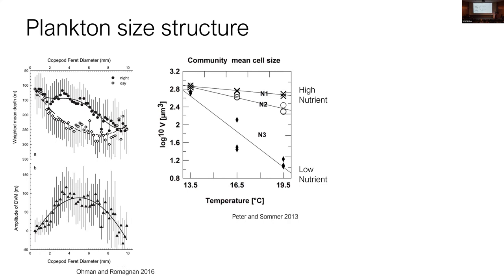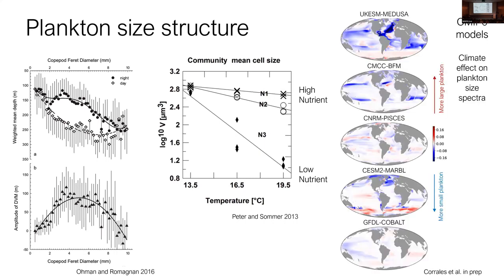So we've known for quite a bit that the combined effects of temperature and stratification resulting in decreased nutrients is expected to also change community mean size. What we did recently in this study that's in preparation, led by Marco Corrales, my postdoc, is took a number of CMIP6 models.